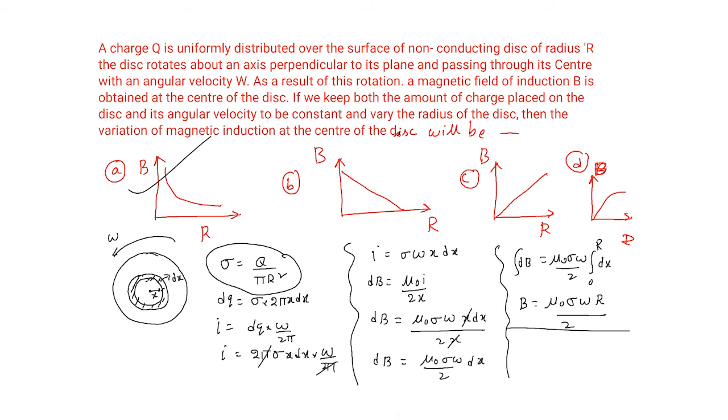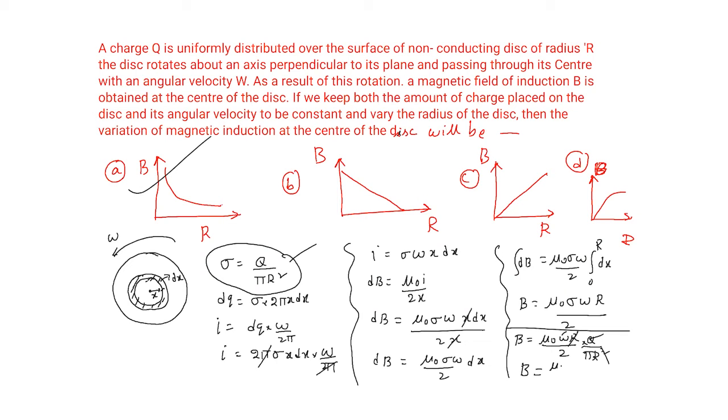Here, B is equal to mu naught omega R by 2 into sigma. What is sigma? Q by pi R square, right? In the numerator, you have one R. This R will get cancelled with this R. So now only one R is remaining in the denominator, right? Q is constant, omega is constant, mu naught is constant, 2 pi is constant.